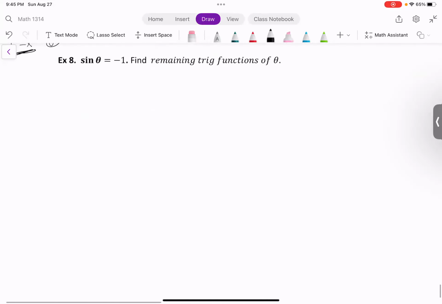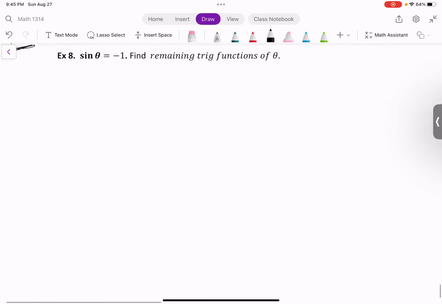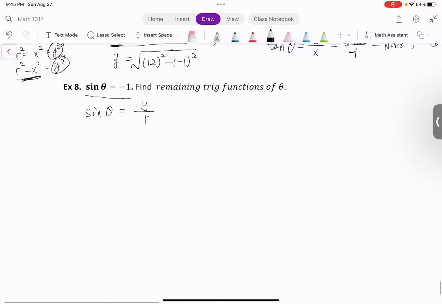So the last question is example 8. Sine theta equals negative 1. Find the remaining trig functions of theta. All right, where is the theta? It didn't give us too much information. What is sine theta? Sine theta equals y over r. So it gave us the information, negative 1 over 1.